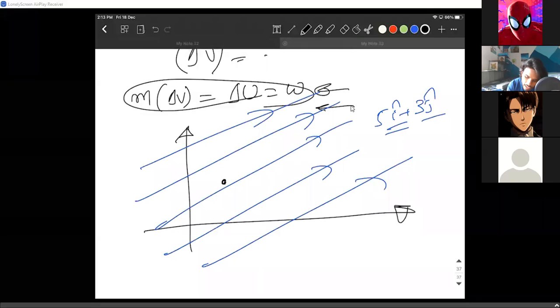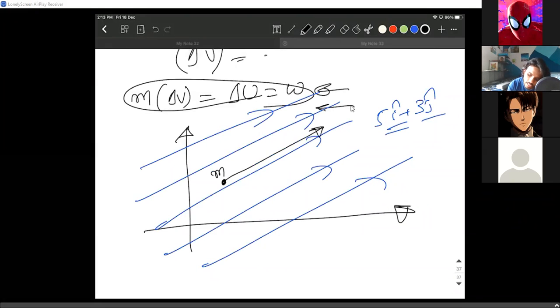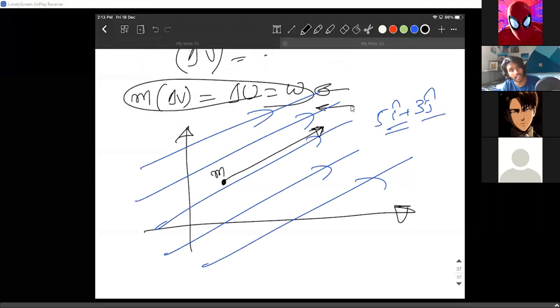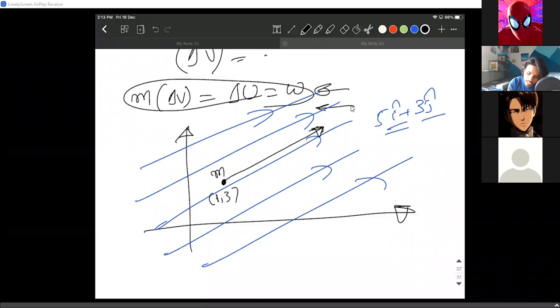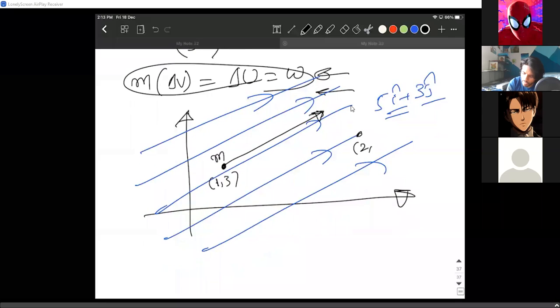So when you put a mass in here, the mass is already intending to go in that direction. Now, to start the mass from 1 comma 3 and end it at 5 comma 4, I have to stop it at 5 comma 4.